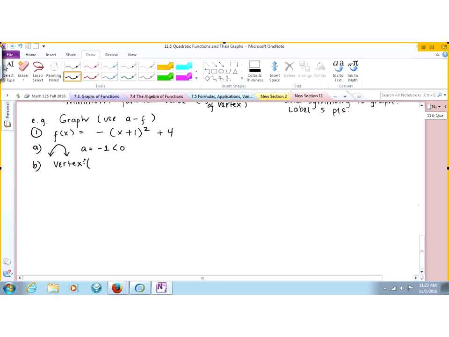B, what is the coordinate of the vertex? What is h here? -1. Not 1, but -1, comma 4. Okay. So I could start graphing actually. Once I find the vertex, I could start graphing, and then I will know which points I need.